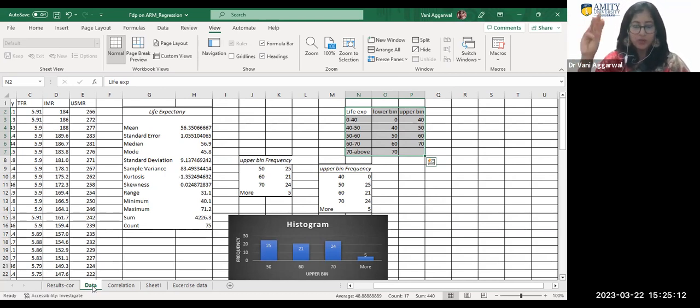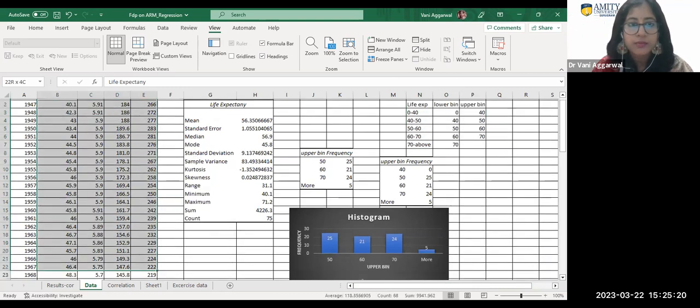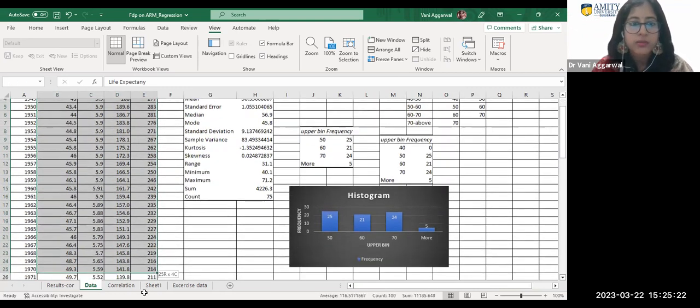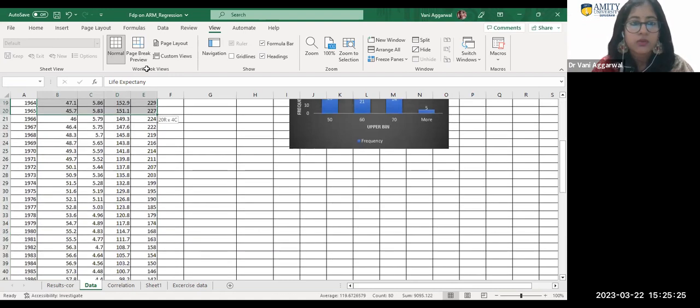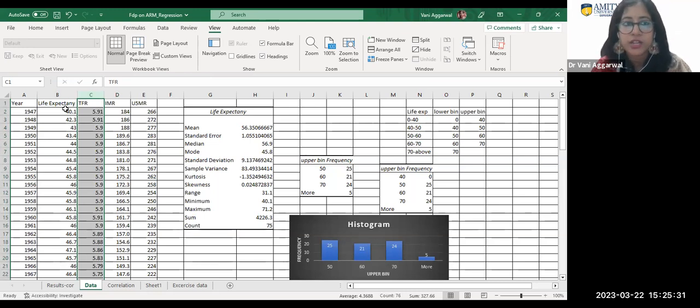Clear? So first we plot the scatter plot. For example, I am considering the case of multiple linear regression.